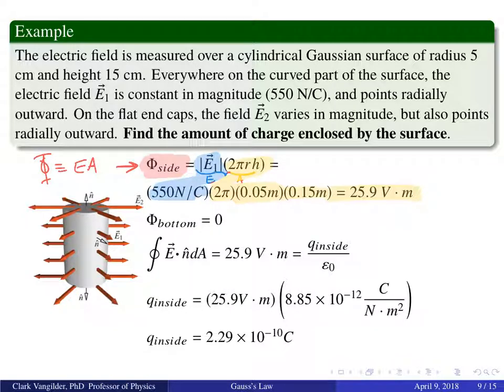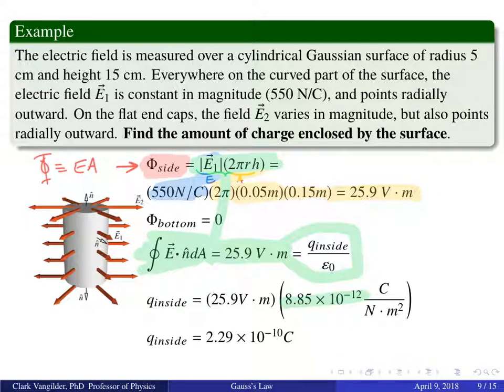Now, since my EA, remember, this right here is equal to that, and since I've quantified this, I can just rearrange this, because epsilon naught is a fundamental constant, 8.85 times 10 to the minus 12.